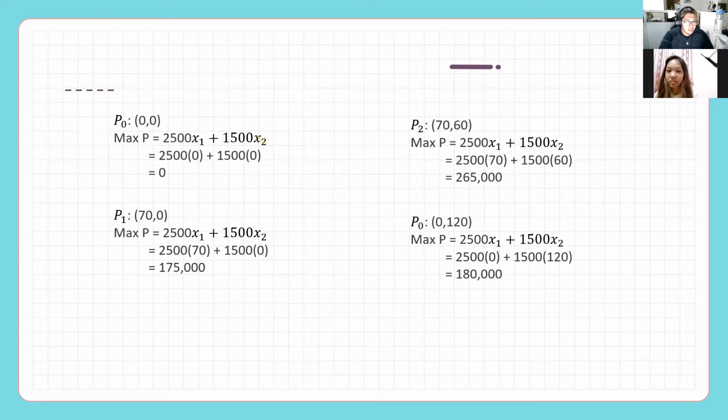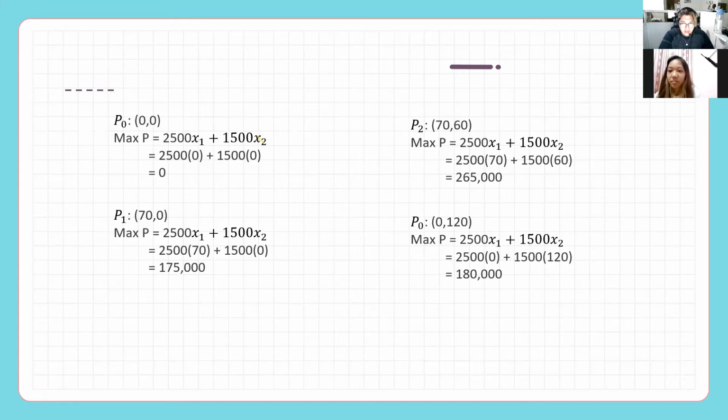Max P equals 2,500 x sub 1 plus 1,500 x sub 2, 2,500 multiplied by 70 plus 1,500 multiplied by 0 equals 175,000, sorry. And P sub 2, 70 and 60. Max P equals 2,500 multiplied by 70 plus 1,500 multiplied by 60, equals 265,000.